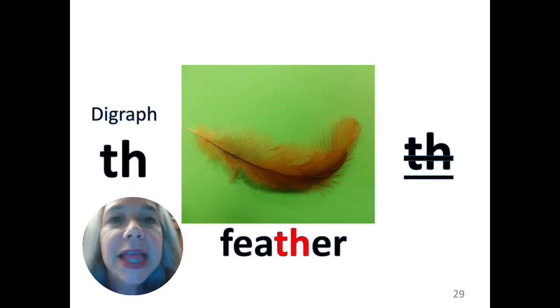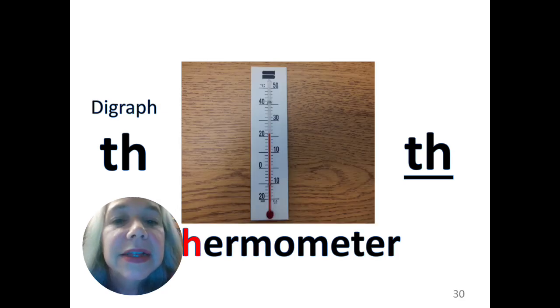Digraph TH, feather, Z. Digraph TH, thermometer, th.